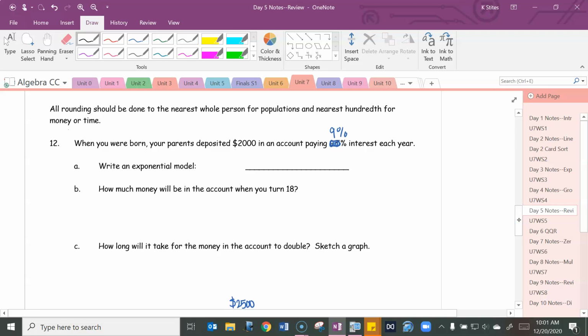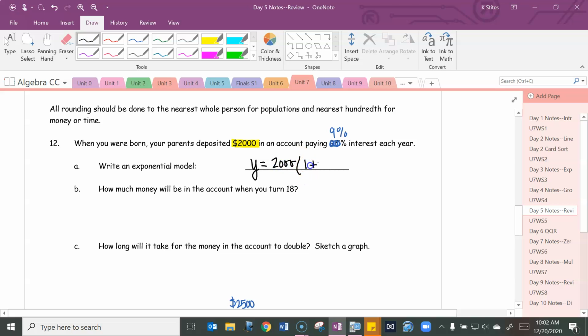All right, this one we're going to change a little bit just to make the numbers a little nicer. We're going to go with 9%, so you can change that in your packet. When you were born, your parents deposited $2,000 in an account, paying 9% interest each year. So this means we're earning money, which means we have growth, which means we're going to have a plus. So I'm going to put y equals. My starting amount is $2,000.